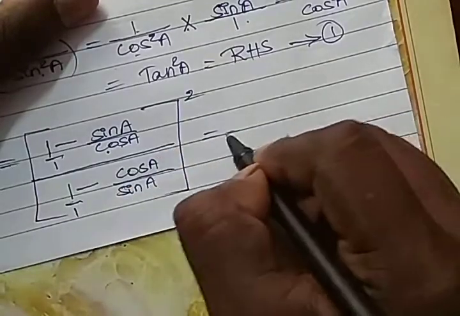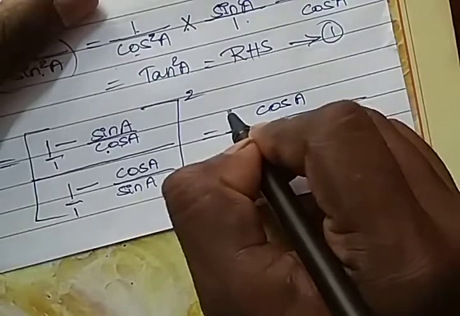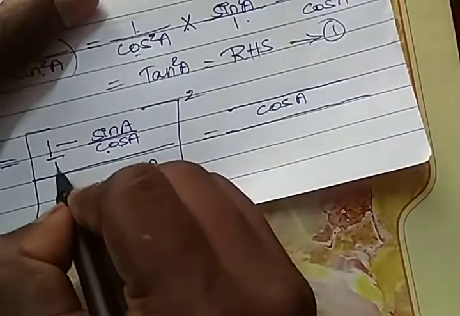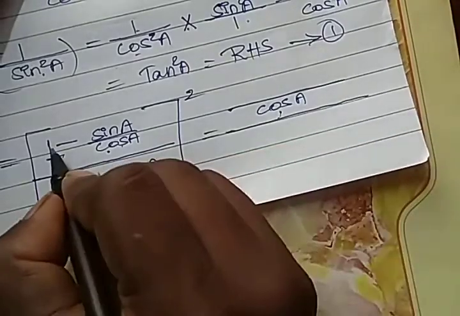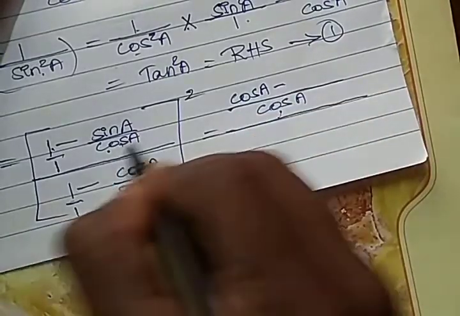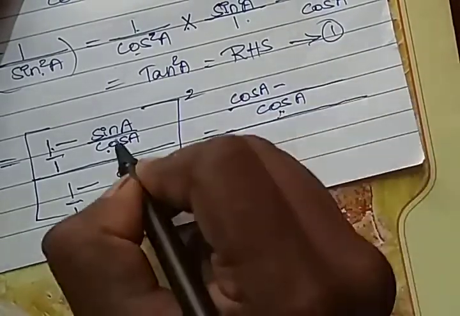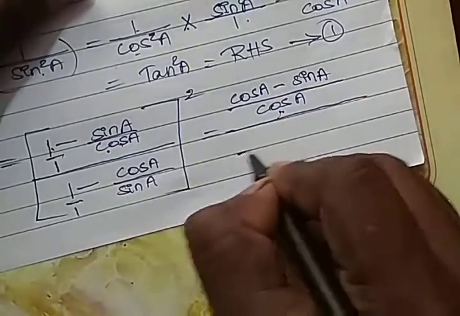So here in the numerator part, cos A is LCM. This denominator is 1. 1 goes in cos A times. Cos A into 1 is cos A only, minus cos A goes in LCM 1 time. So 1 into sin A, sin A. Same comes in the denominator also.